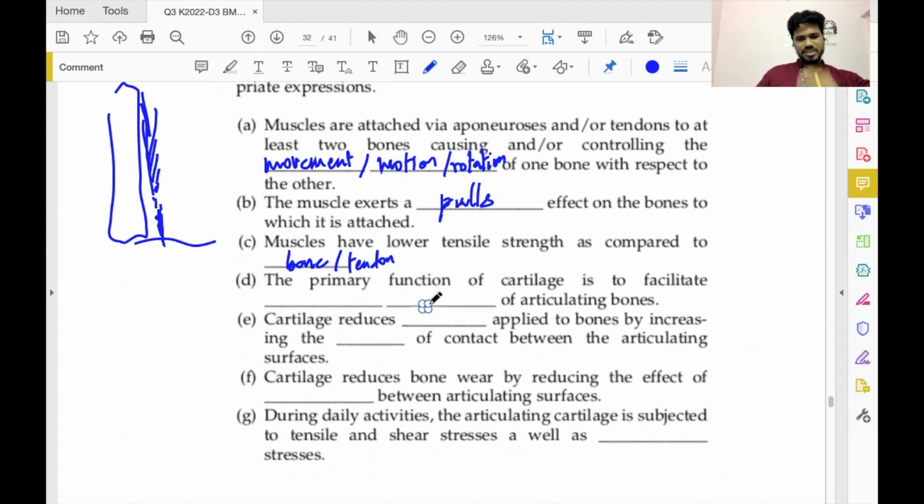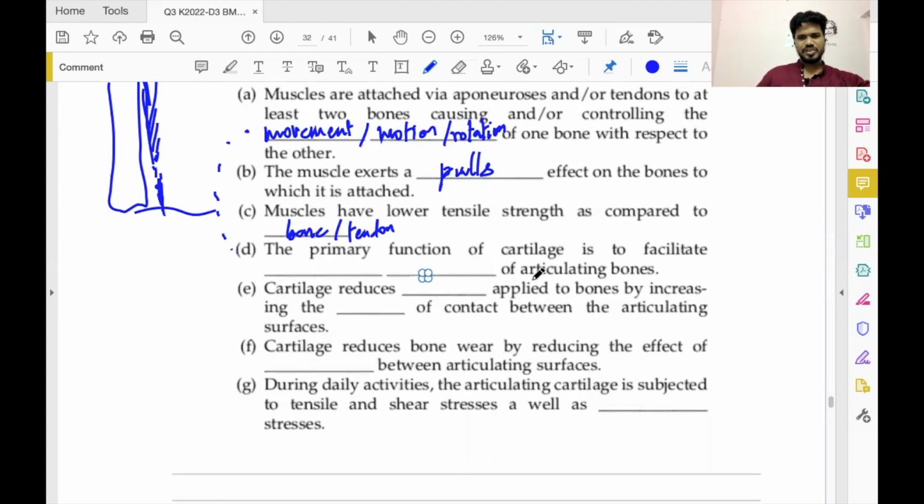Okay. The primary function of cartilage is to facilitate dash of articulating bones. Again, the same synonyms would show up here: movement, motion, rotation of articulating bones. Cartilage reduces dash applied to bones, and the dash of contact.